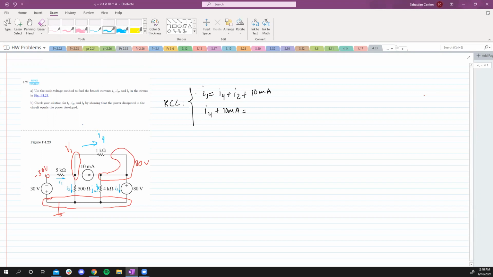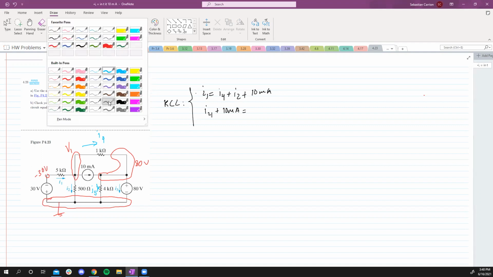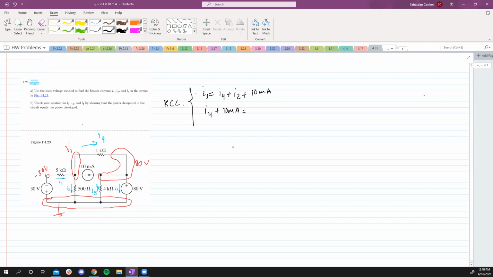Yeah, it would be I5 plus I3. Okay. So we have I1 through I5 plus V1, so we should have 6 equations.